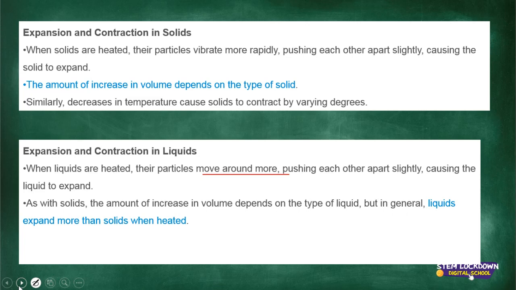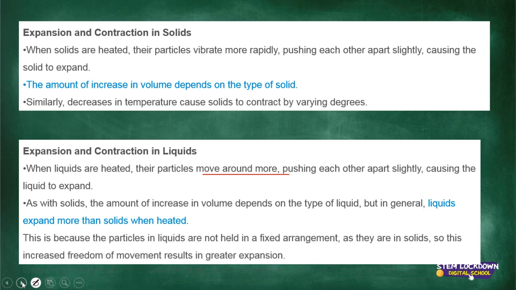Now, as with solids, the increase in volume also depends on the liquid, but in general, liquids expand more than solids. What this means is that in solids the volume does increase, but in liquids the volume increases more than in a solid when heated.